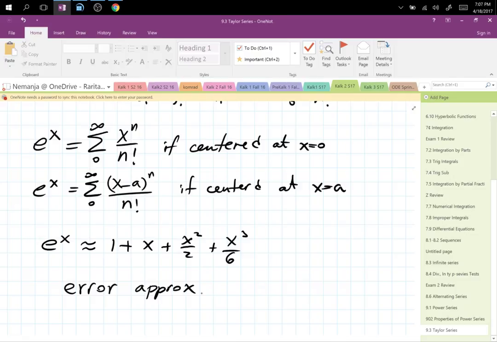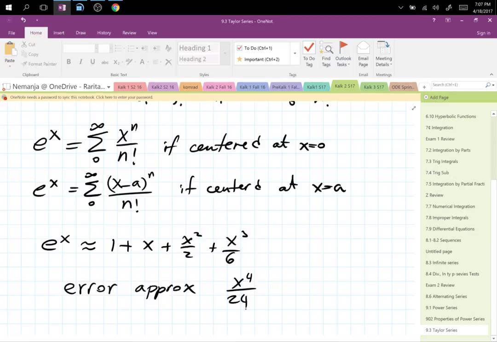So most of the error that you are encountering will be at the first term you threw away. So in this case, the error can be approximated by x to the fourth over 24. That would be the order of the error, because that was the first term.